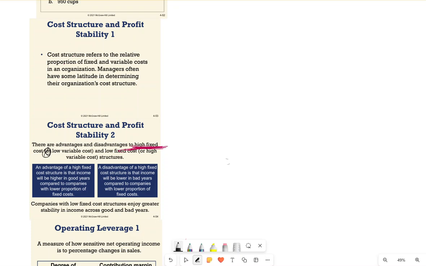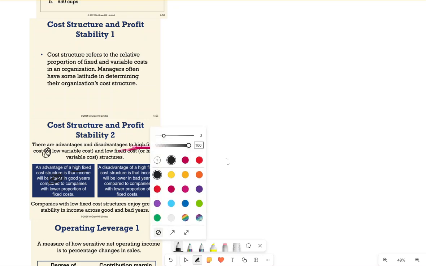The advantage of high fixed cost and low variable cost is that income will be higher in the good years, compared to companies with a lower proportion of fixed expenses. If your fixed expenses are higher, there's an impact on your operating income.